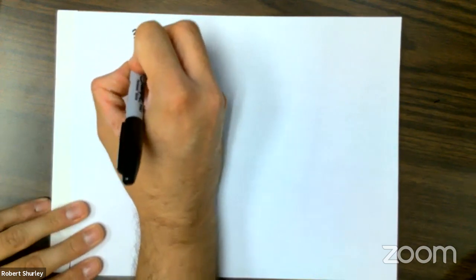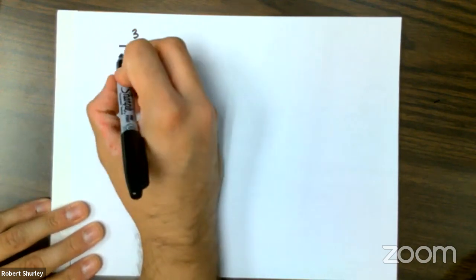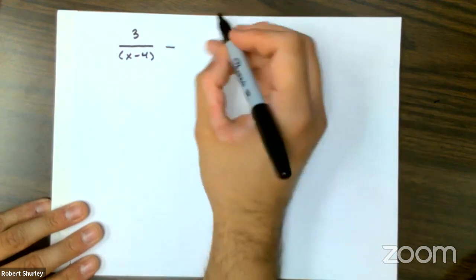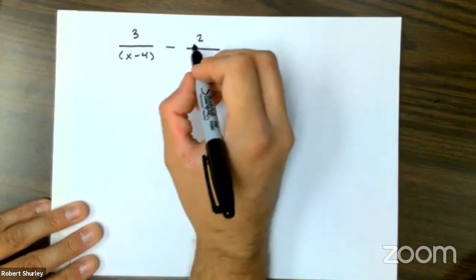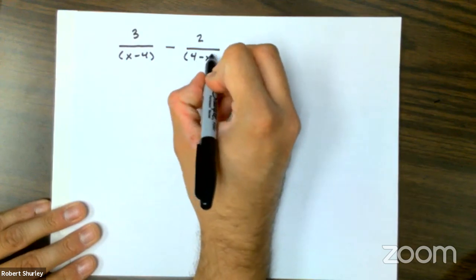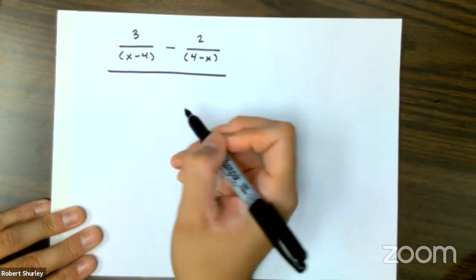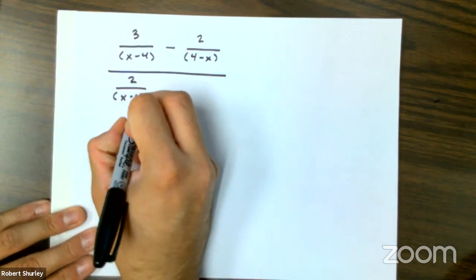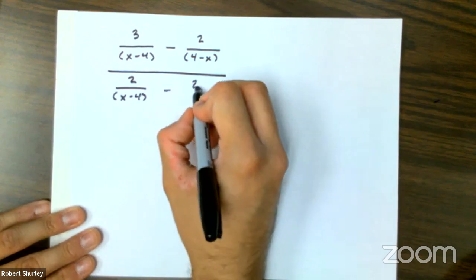Okay, cool. I'm just stealing another one then. This is number 18, okay? Now look, I'm going to write this bigger because we're going to have to write kind of all over it. 18 looks like this. 3 over x minus 4, I'm putting the parentheses there automatically, minus 2 over 4 minus x, all over 2 over x minus 4 minus 2 over x.